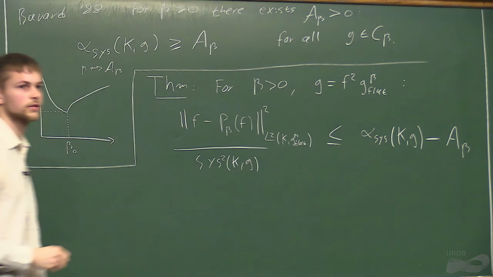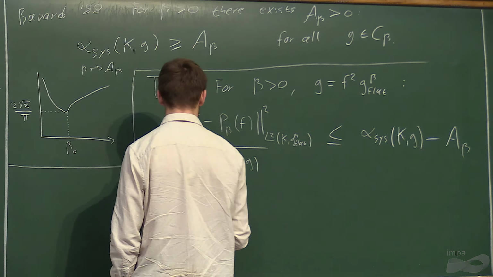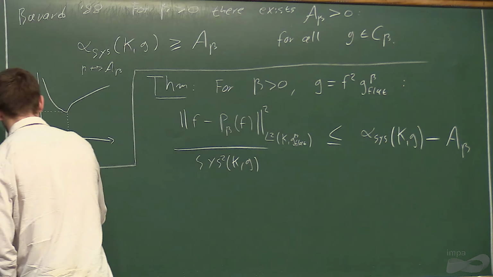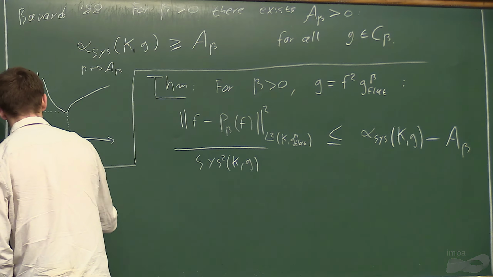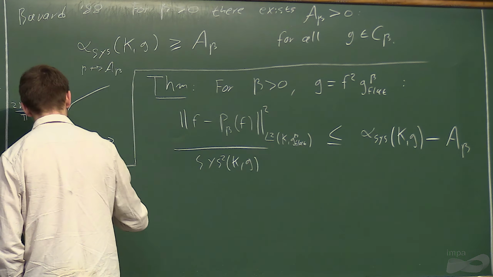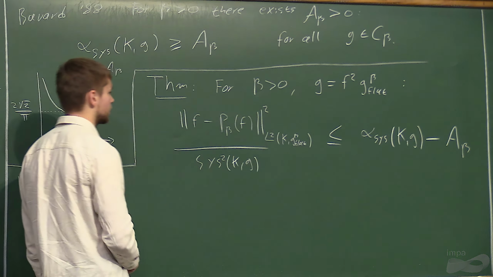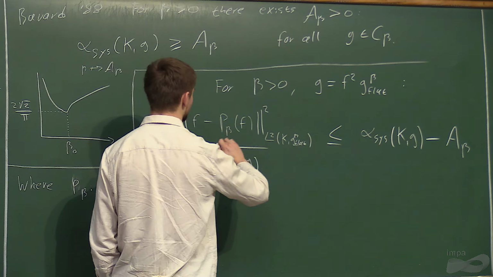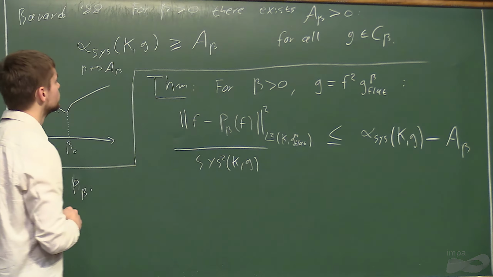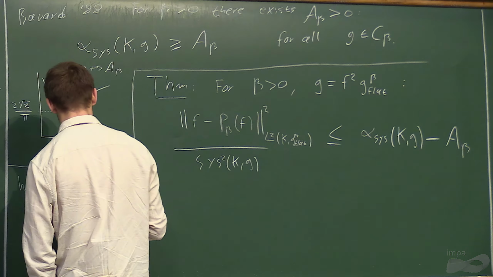So I should say what this P beta is. P beta is the orthogonal projection in this space onto the space of a function f beta, which I also haven't explained yet.